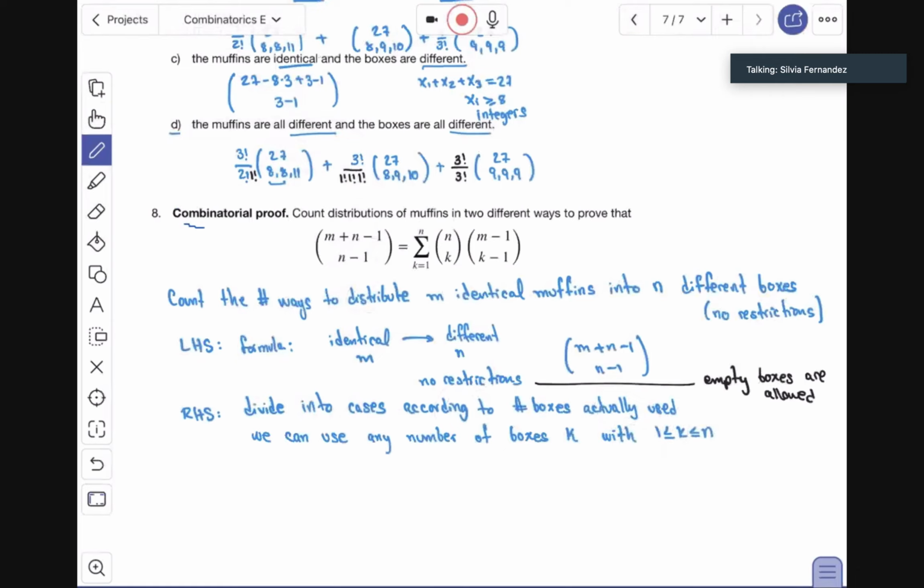I have n boxes, so I can use 1 or 2 or 3 or 4, all the way to n. And therefore, for each k, there are n choose k ways to select the boxes being used.